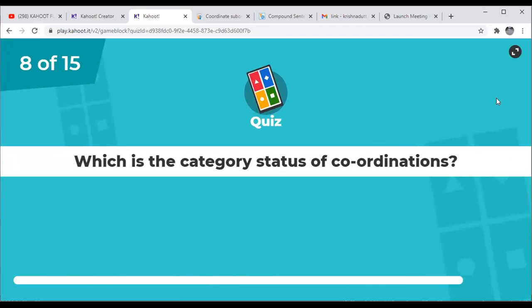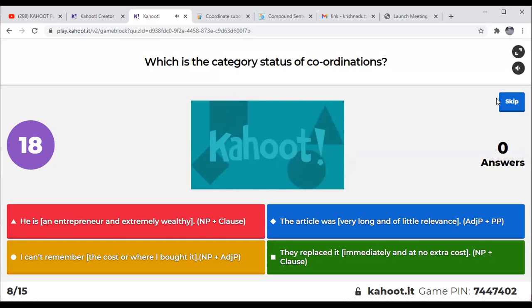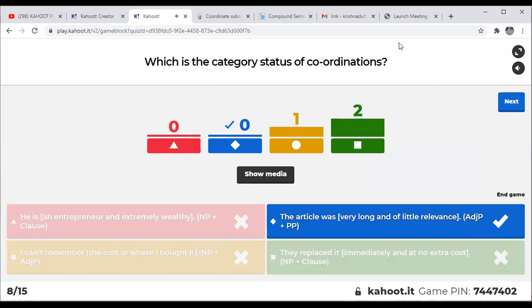The next one is a quiz: which is the category status of coordinations? Category status. NP plus clause. In the bracket, you have to see the category: noun phrase or clause, noun phrase or adjective phrase. Okay. We got one answer correct.